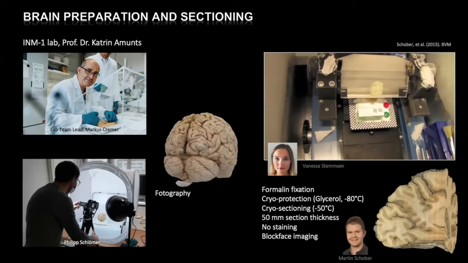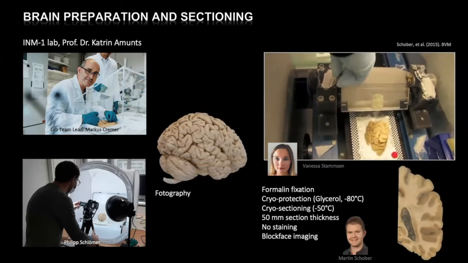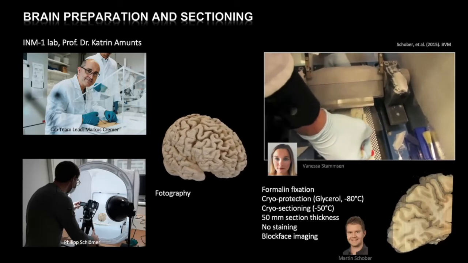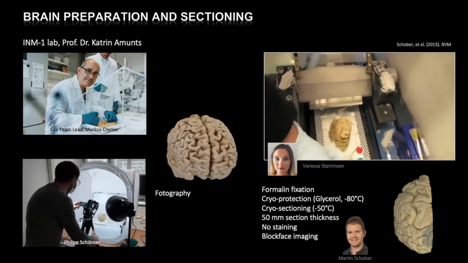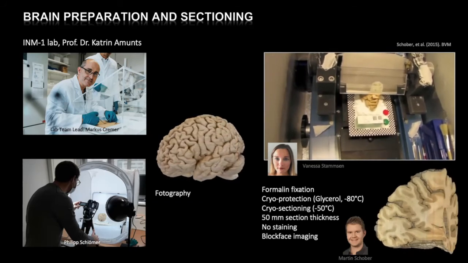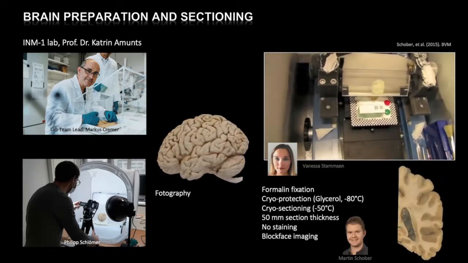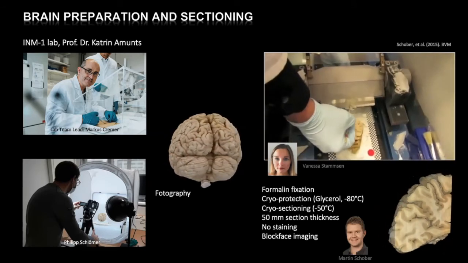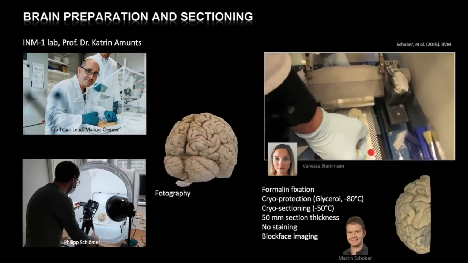Of course, we also acquire MRI data sets post-mortem before we do the sectioning. So we do have two kinds of references available at the very end, MRI plus the block face images you can see here.